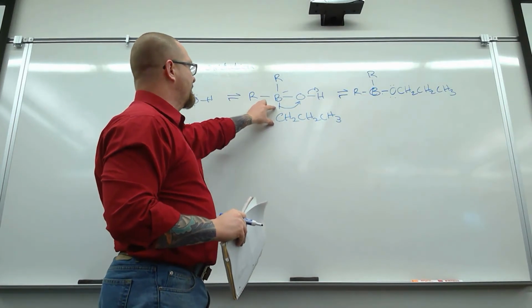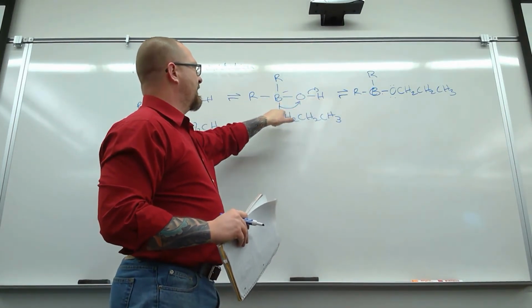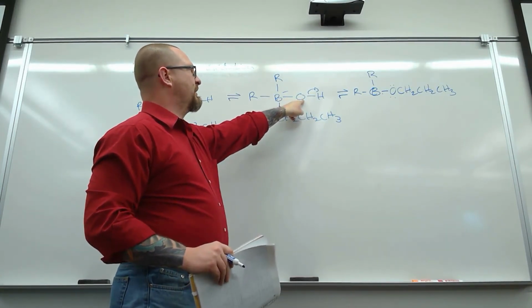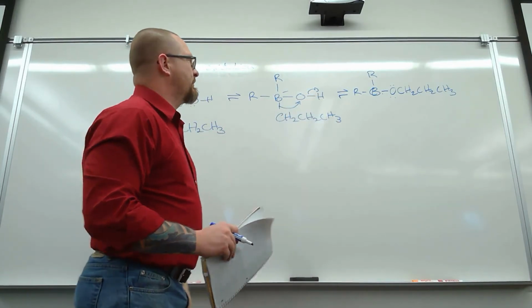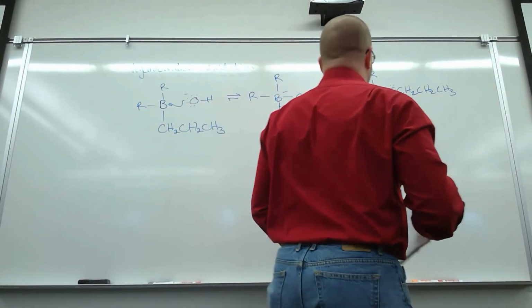So we're going to take this whole group, like a methyl shift, take those electrons from the bond, put it on this oxygen, and kick off that proton. And we're going to get this.